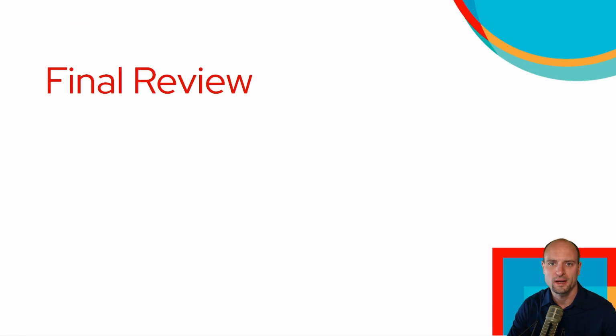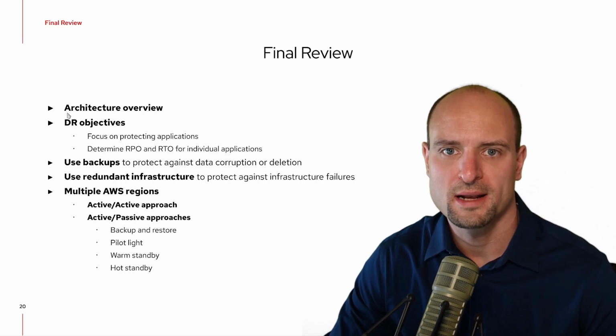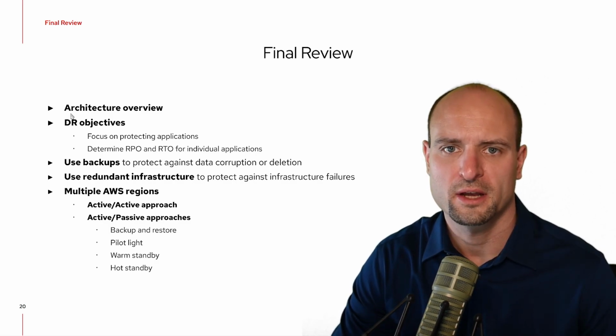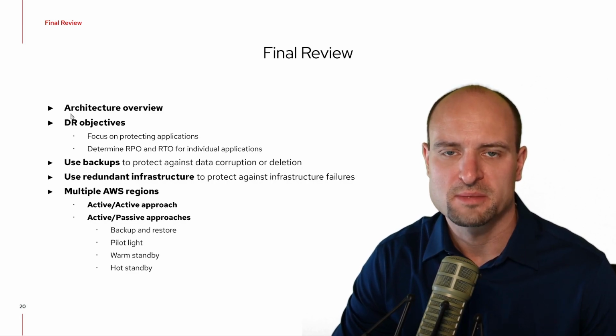Let's review what we covered in this video. We reviewed an architecture which spanned 2 AWS regions and which was able to recover from a failure of a single region. The architecture included 2 pairs of workload clusters, as well as 1 management cluster. This management cluster was used to host the tools like Red Hat ACM and Argo CD.